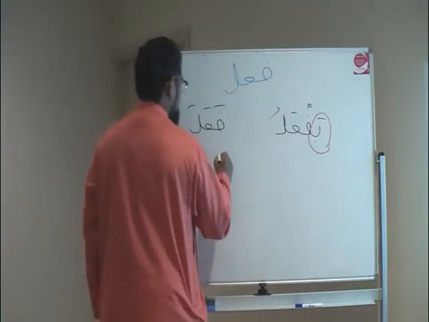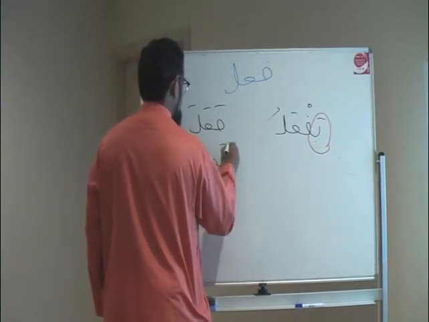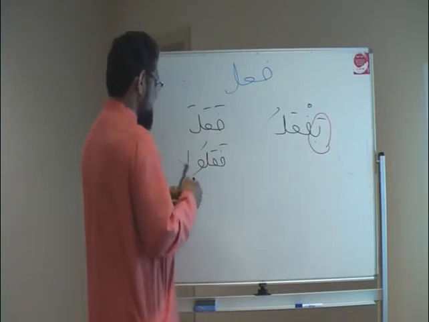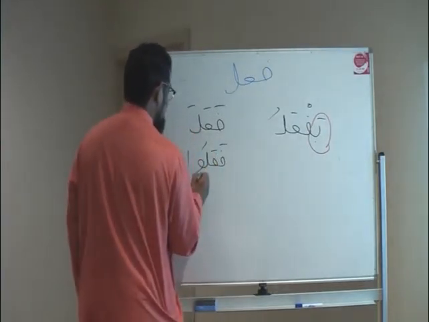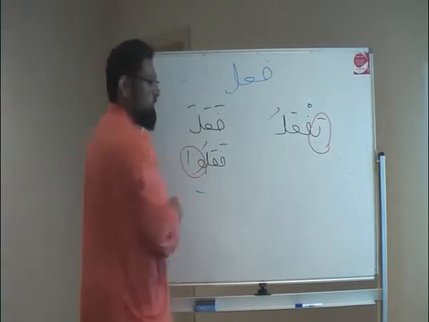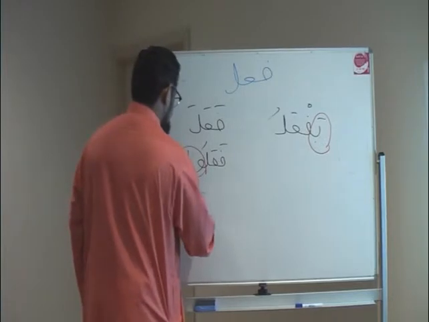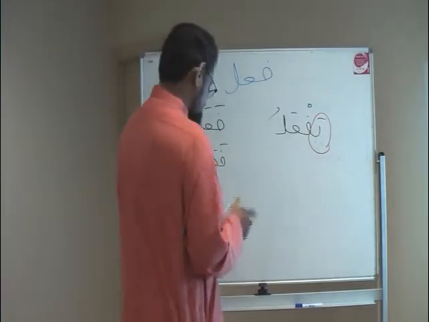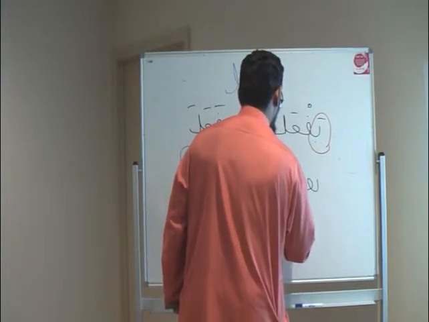So here there's a prefix. If we take the plural of they did, it's fa'alu. There you can see that it preserves the first three letters, but then there is a suffix, which is the wa and the alif. That makes it into they. If we compare it to the present tense, it's yaf'aluna.